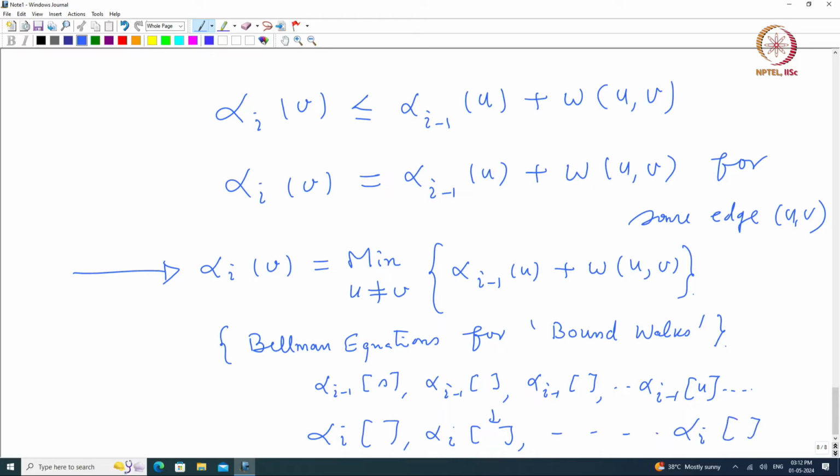All alpha i values are depending on alpha i minus 1 values.